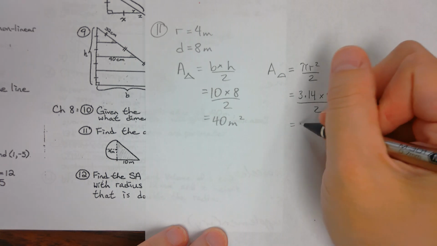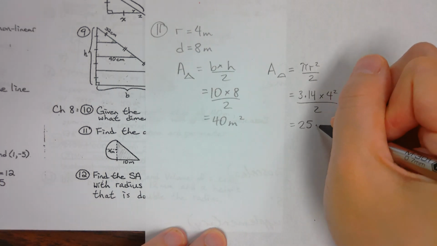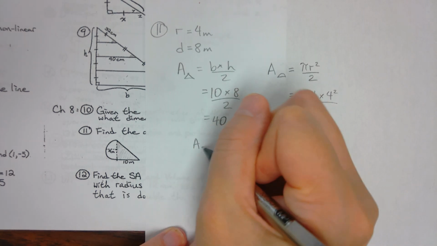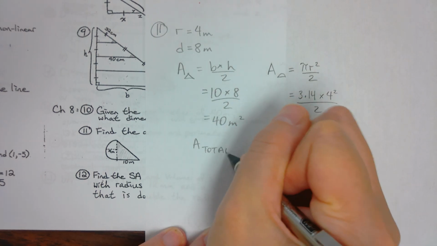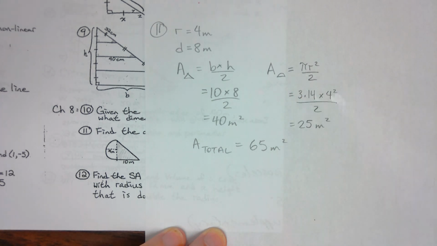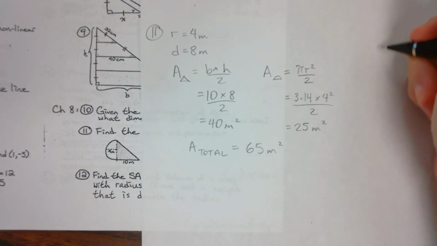You get 25. We'll round it to the nearest whole. Okay, so then the total area will be 65 meter square.